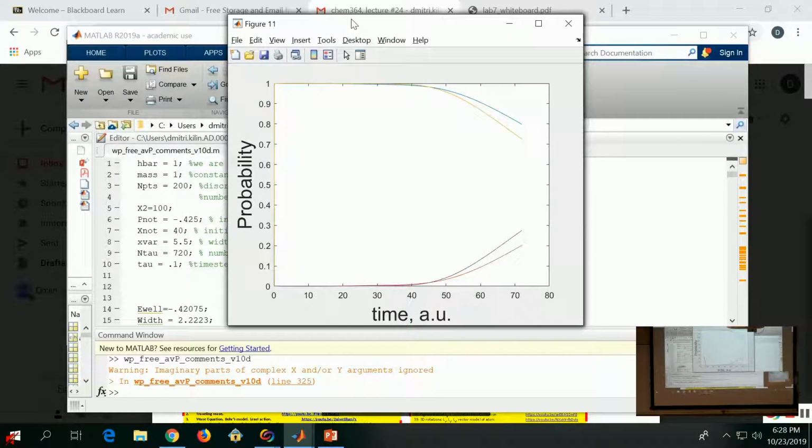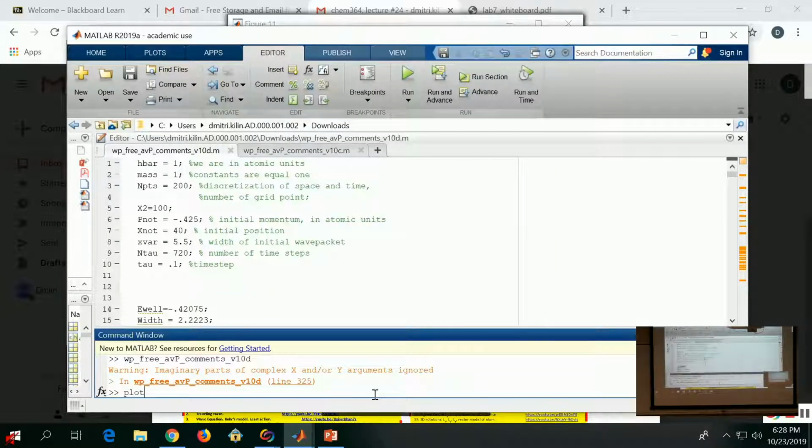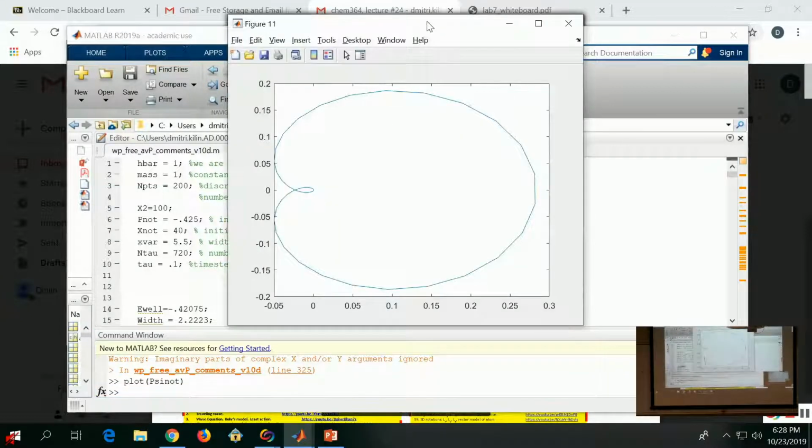Now let's do another experiment. Let's plot the function psi naught. Just type plot. Do you like it? Does it look like the stuff that you were expecting to see?